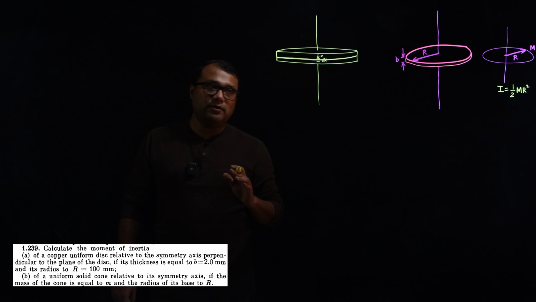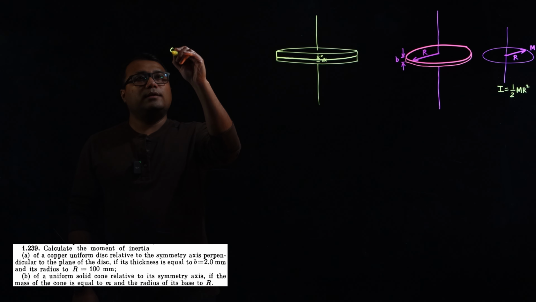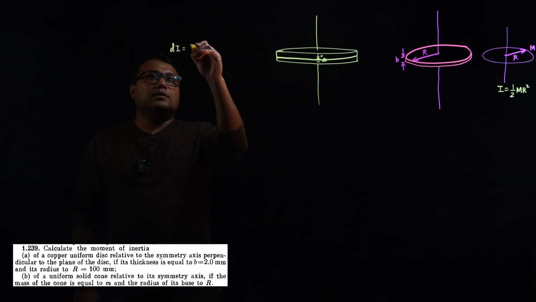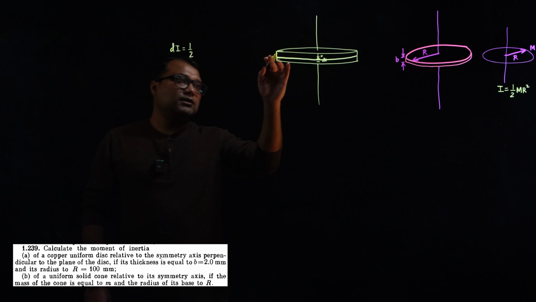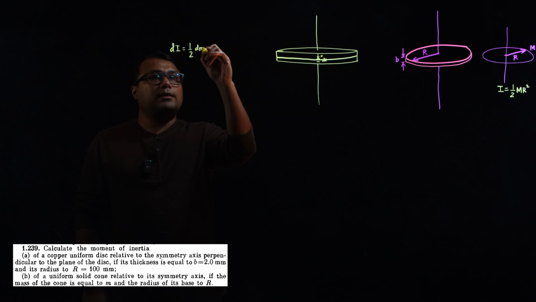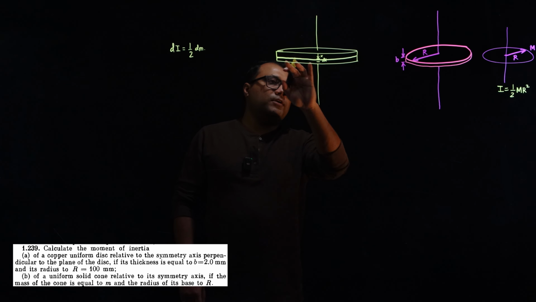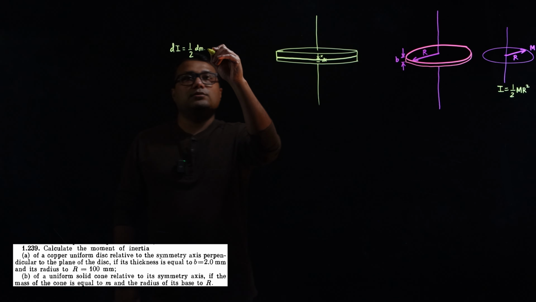So what is the moment of inertia of that small disk of thickness dx? Let's say that is di. It is half the mass of the small element dm times the radius of that small element, which is still r, so r square.